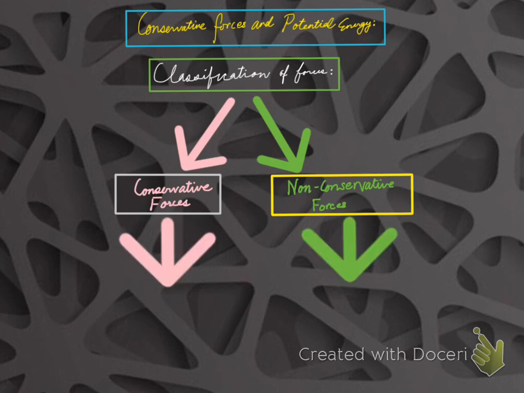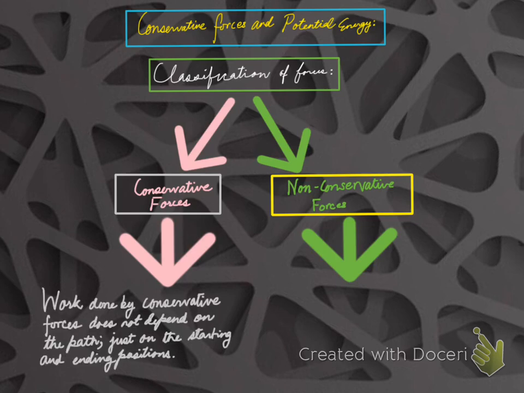Conservative forces, when they do work, the work done by a conservative force does not depend on the path. It just depends on the starting and ending positions. Conservative forces, when they do work, they do not change the total energy of an object.